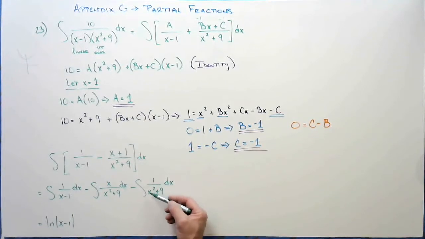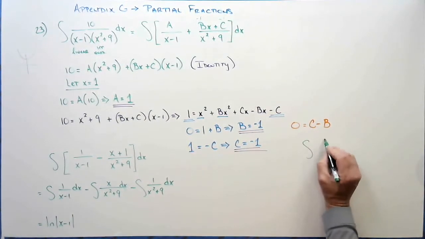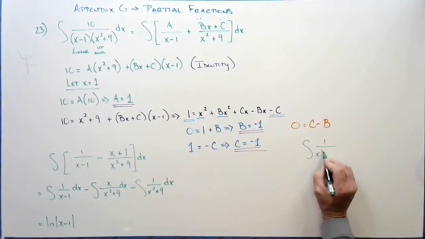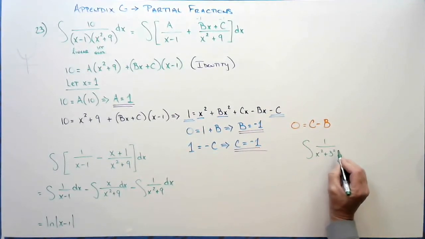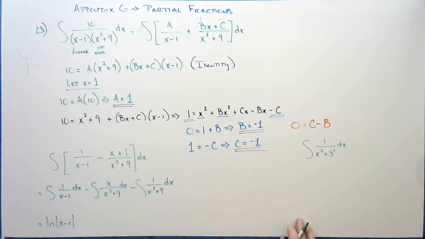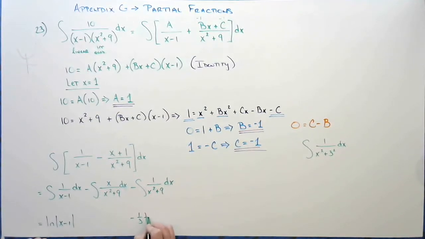This is 1 over x squared plus 3 squared. That integral is the integral of 1 over x squared plus 3 squared dx. That's one of our integration formulas from back in Calc 1. This is equal to minus 1/3 inverse tangent of x over 3.